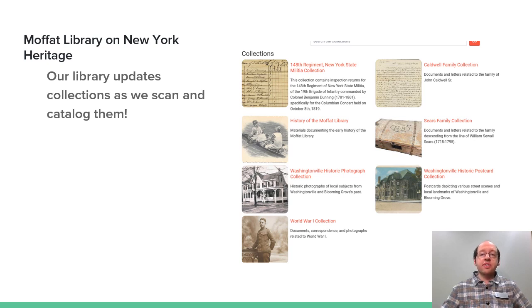So these are some of the ones that we have currently on there. We have about 7 major collections on New York Heritage, and again, we're going to be adding on to those as they come along. So we have, and we're going to go through each of these one by one.